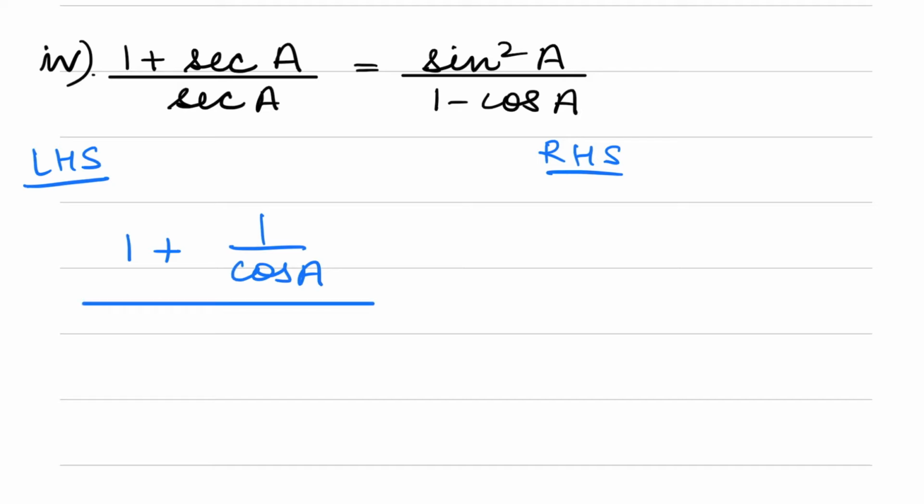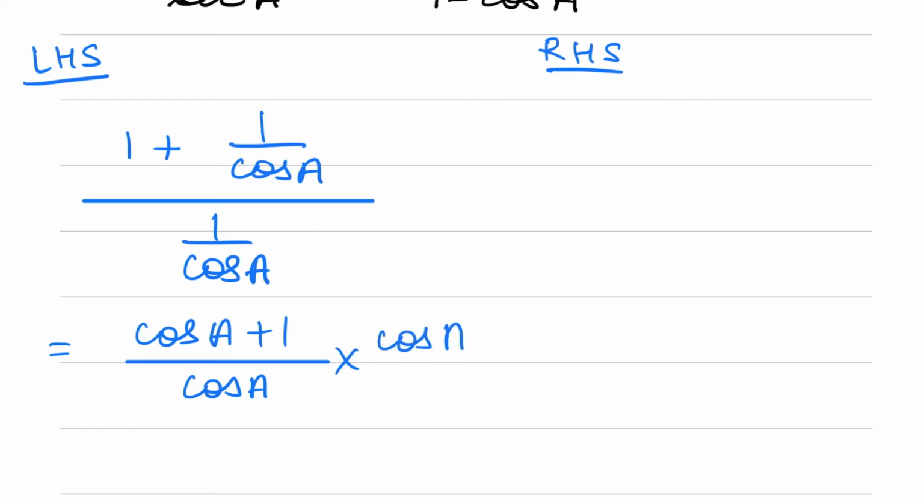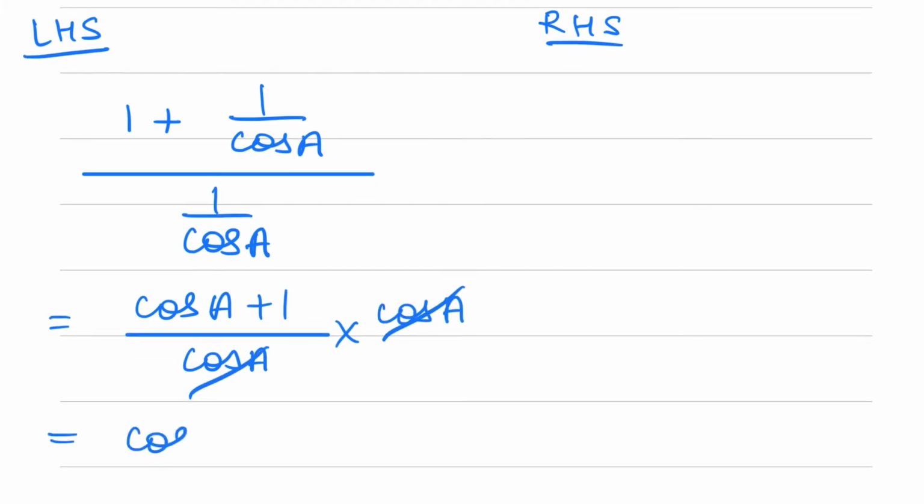Sec a is the inverse of cos, and this is also 1 by cos a. Taking the LCM, I'll get cos a plus 1 divided by cos a, and the inverse of 1 by cos a will become cos a. They get cancelled, so I get cos a plus 1.